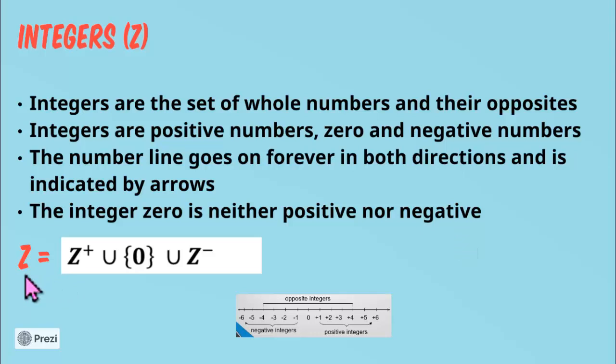So we can say that Z is equal to Z positive union Z 0 union Z negative, which means all the positive integers, all the positive whole numbers, and 0, and all the negative whole numbers as well. Those three together make up Z, or make up the integers.